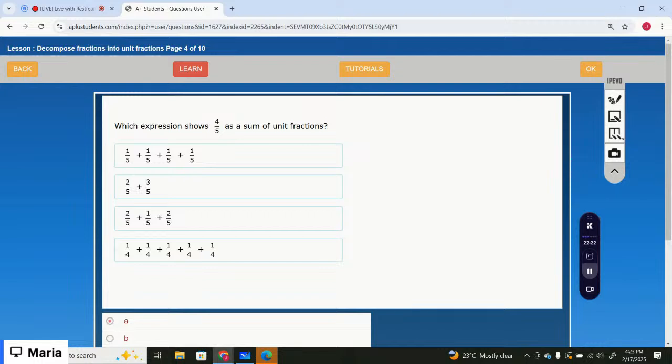Which expression shows 2 by 5 as a sum of unit fractions? So which is the correct option?